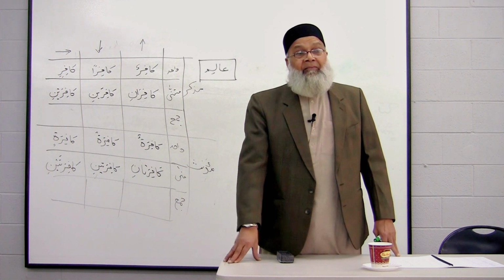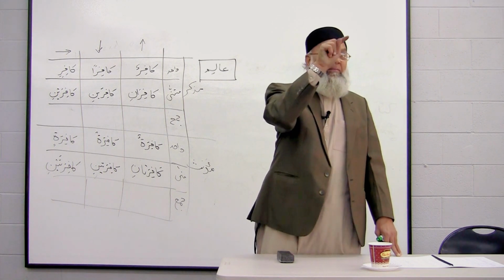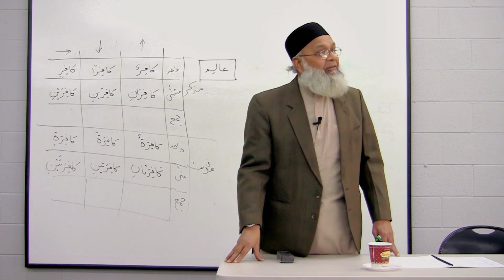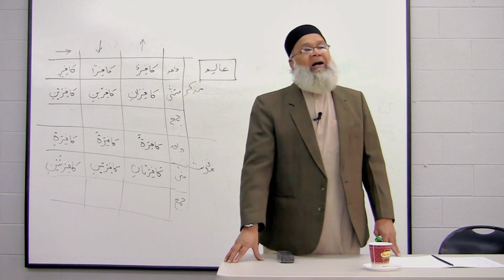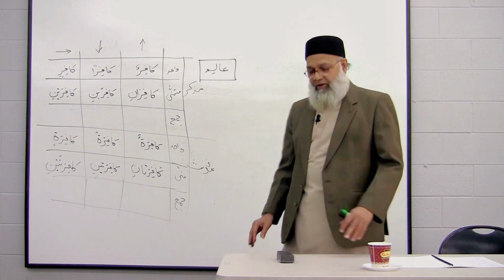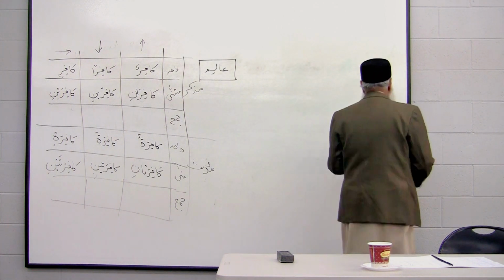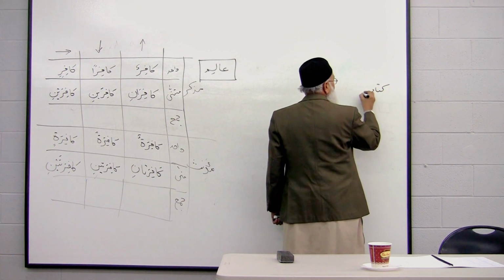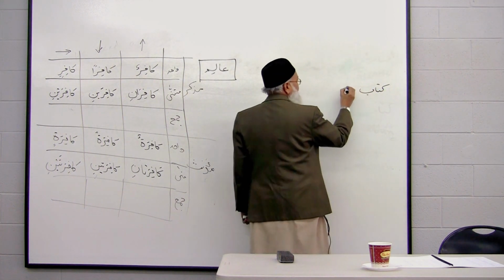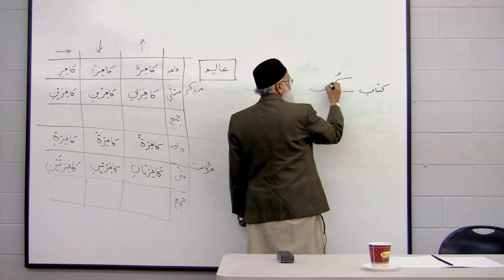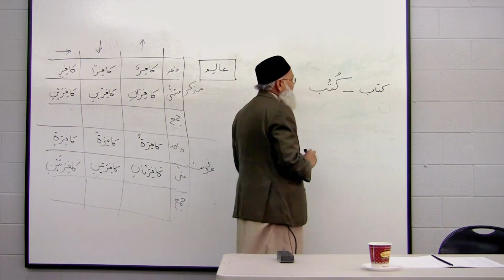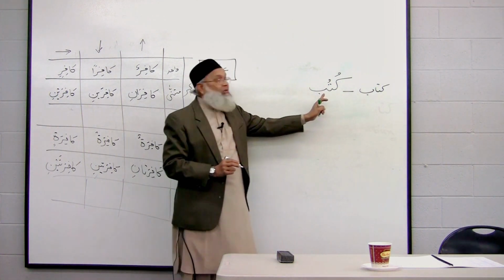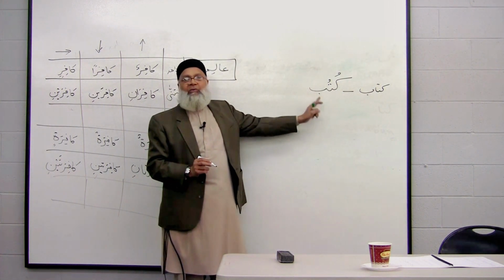But if the singular masculine form is not found in the plural form, then it's called a broken plural. For example, singular is kitab, and what is plural? Kutub. So the alif is dropped, and the word kitab doesn't stand in the plural. So this is a broken plural.